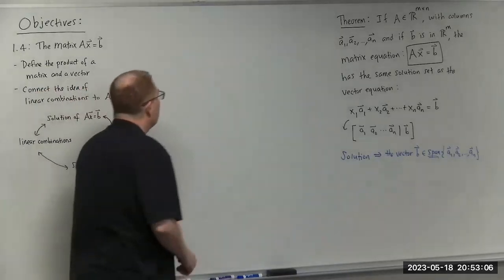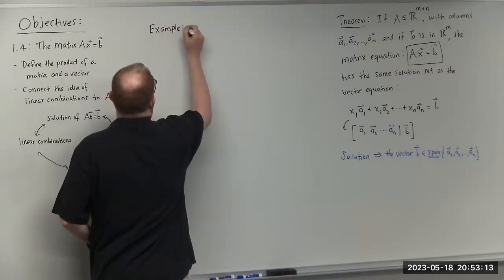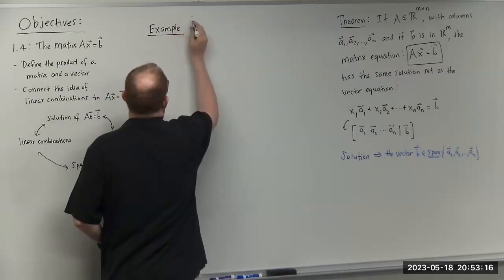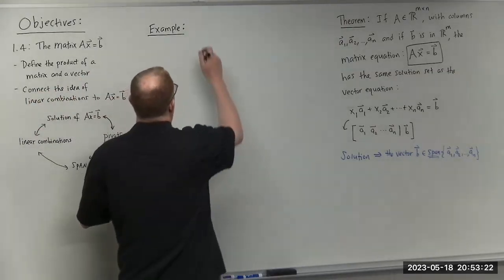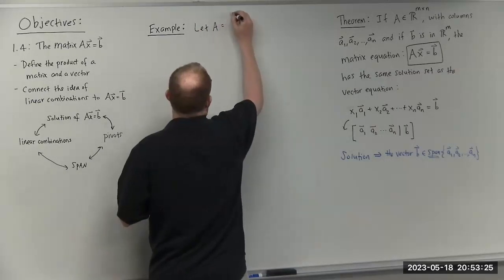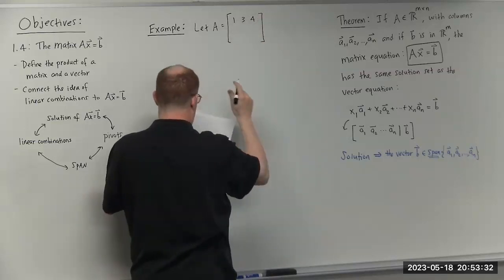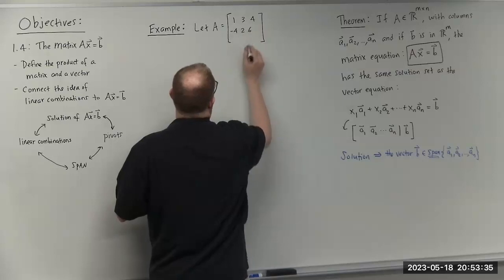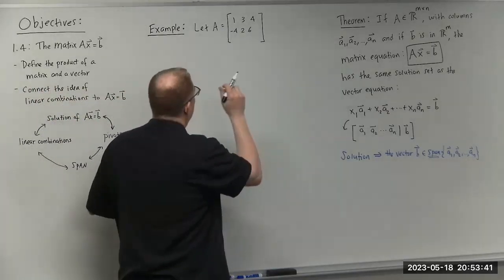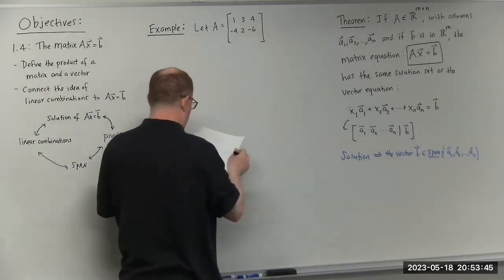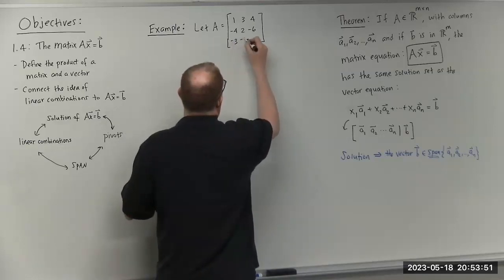So we have the matrix that contains 1, 3, and 4, and then -4, 2, and -6, and then -3, -2, and -7.